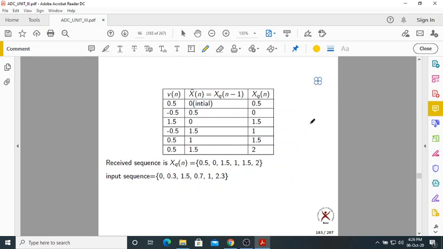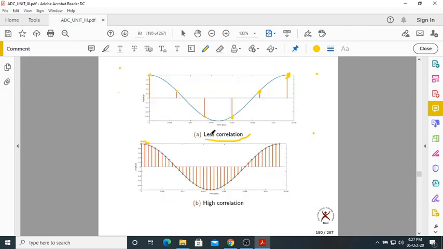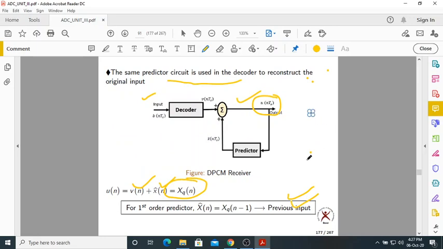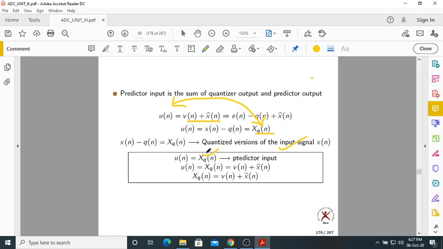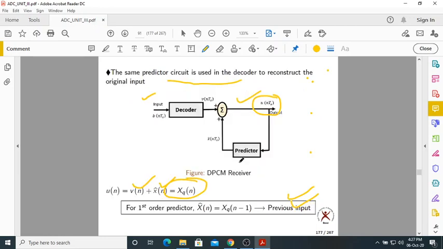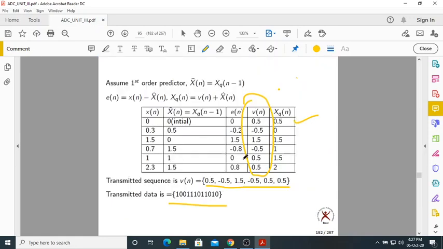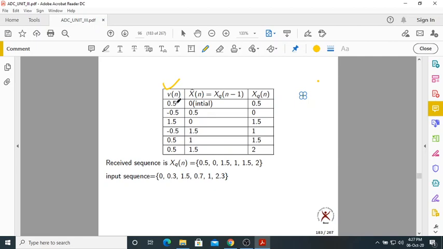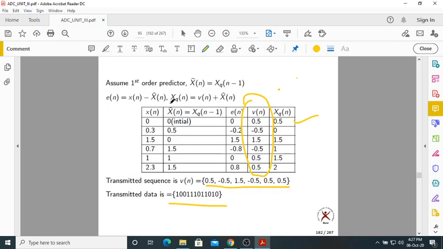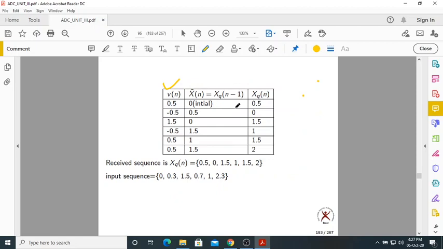Now the receiver side. What will happen on the receiver side? What do you receive? Finally, you receive v of n. So we repeat the same thing. You just look at the receiver. What is the output of the receiver? u of n is the same as x q of n. We have to follow the same procedure. Initially 0, x q of n is the same as v of n. x q of n equals v of n plus x cap of n.